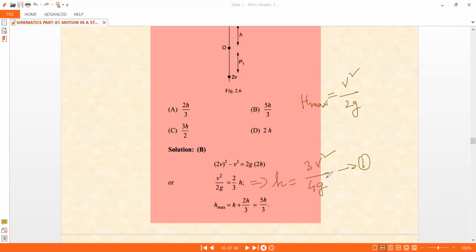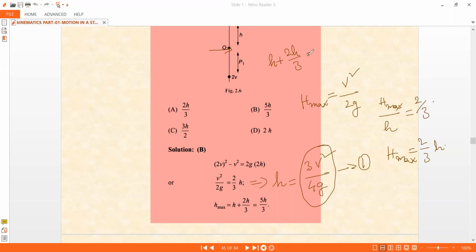If you divide these two, h max by h, you end up with 2 by 3. So h max happens to be 2/3 of h. What is required is the height from the point O, so that will be h plus 2h by 3, which is 5h by 3.